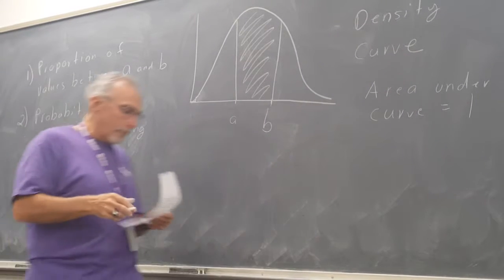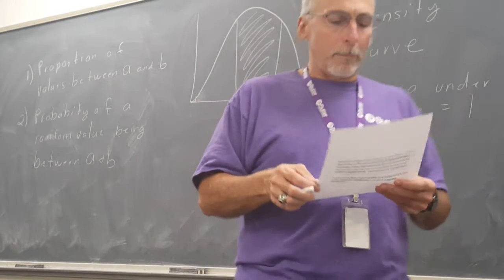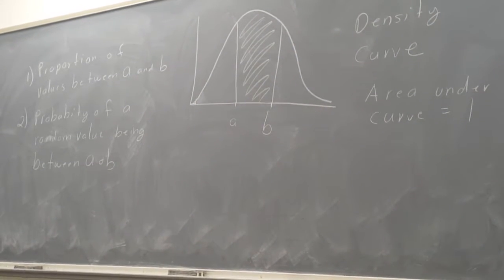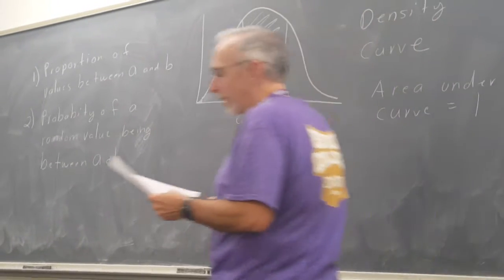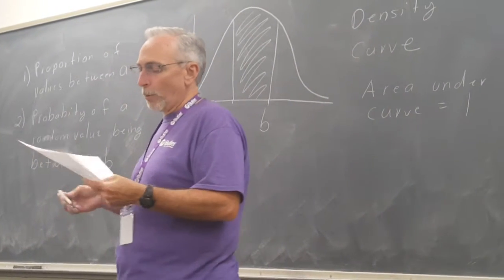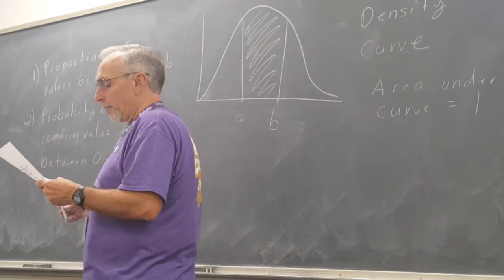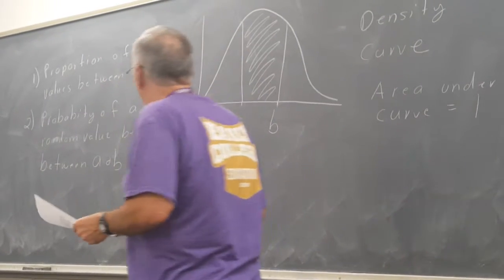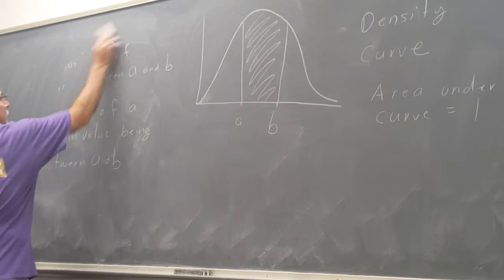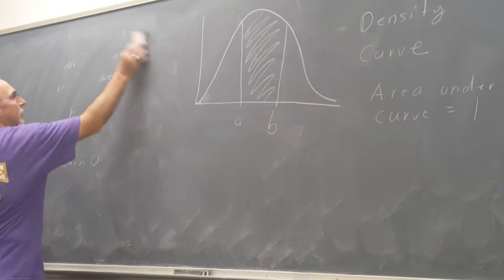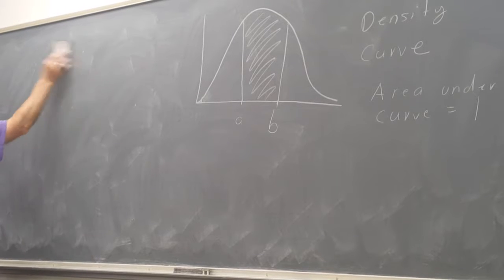If you look at the next example, and again, she's looking back at page 230. It says, suppose the area under the curve between 3 and 4 is 0.18. I shouldn't have erased my picture here, but it's the same idea, we just don't have a histogram.